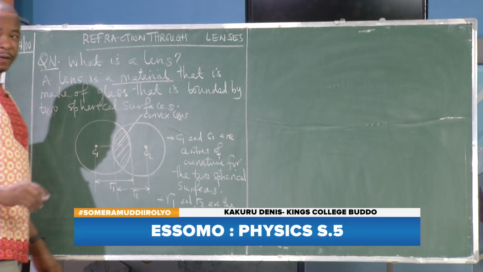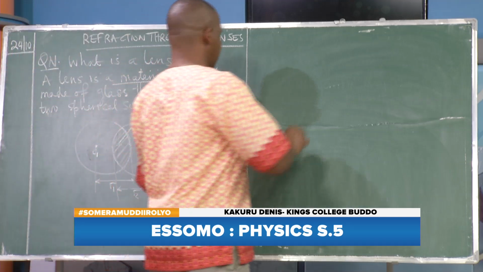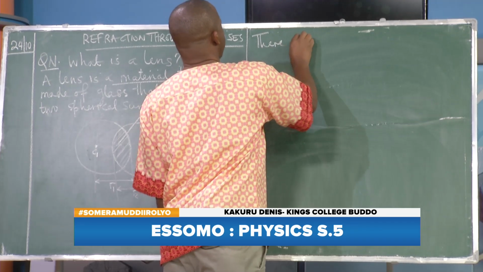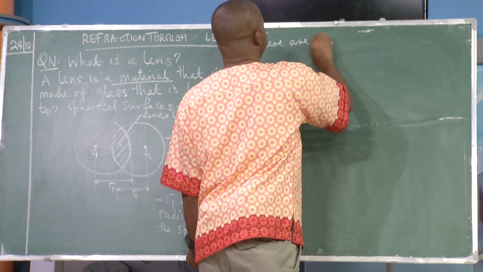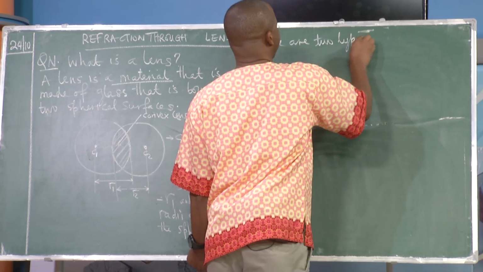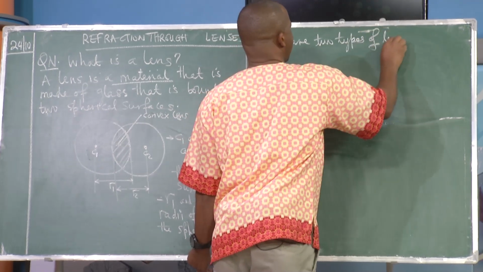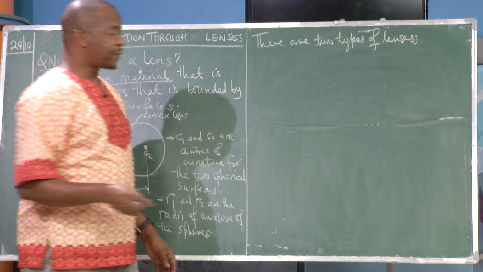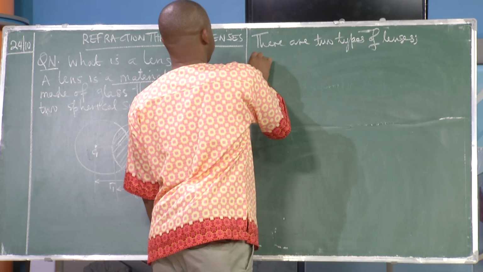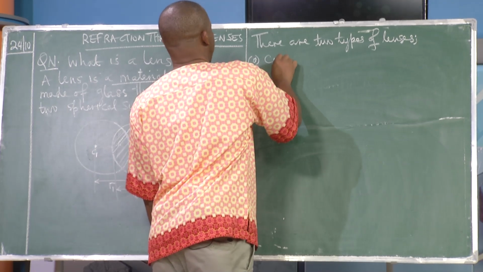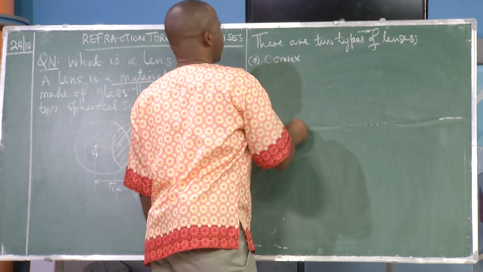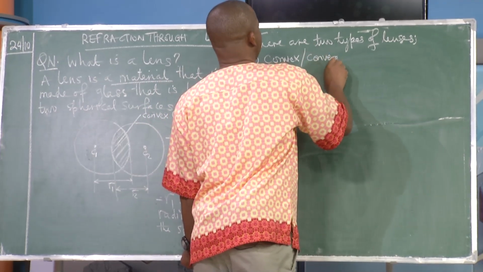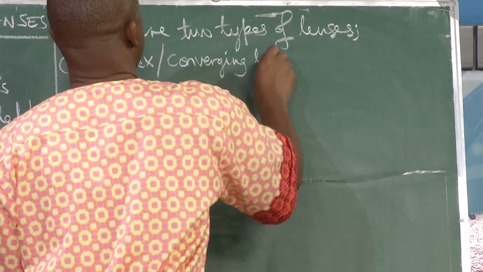There are two types of lenses. Students should take note that there are two types. The first type is this one that we are calling the convex, otherwise looked at as the converging lens.